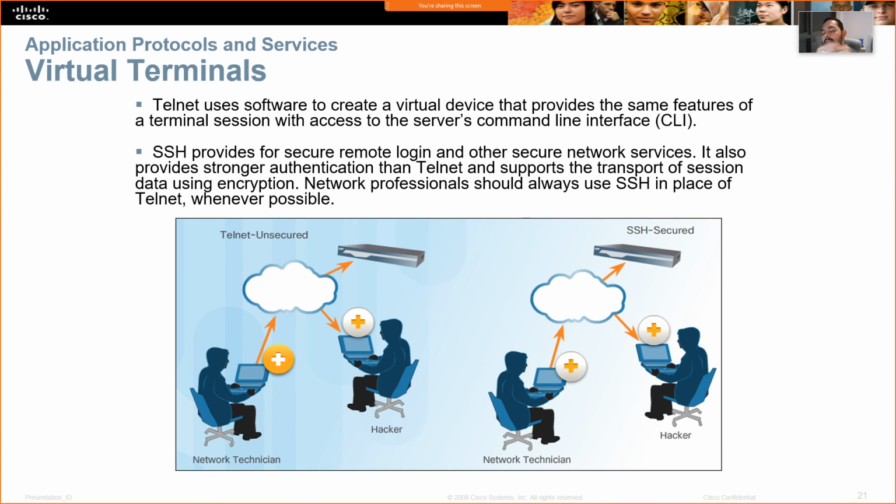So the analogy is that when you compare HTTP to HTTPS, and we say that HTTPS is more secure because it uses encrypted traffic and so on and so forth, you have basically the exact same thing between the difference in Telnet and SSH. All right, so SSH provides secure remote login and other secure network services. It provides stronger authentication than Telnet and supports the transport of data using encryption. All right.